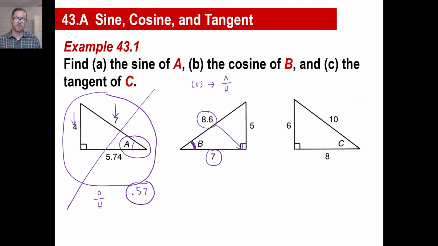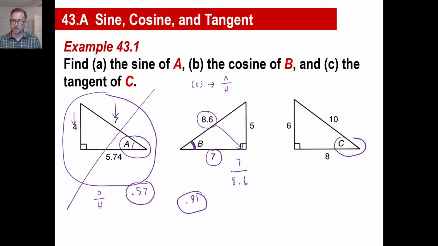And that's going to be your adjacent. So adjacent over hypotenuse. Put in your calculator 7 divided by 8.6, and we'll call it 0.81. You need a calculator with scientific functions on it, so make sure you have one.